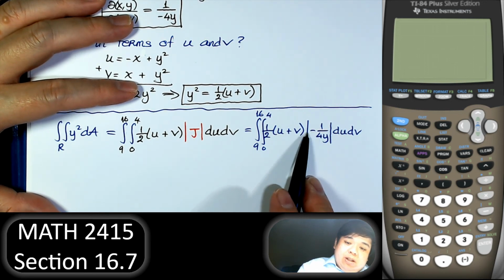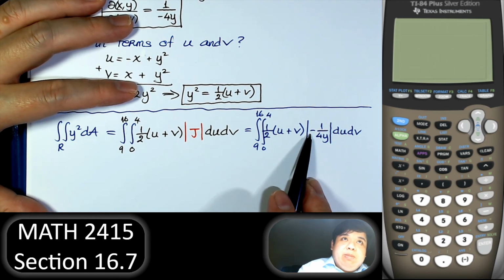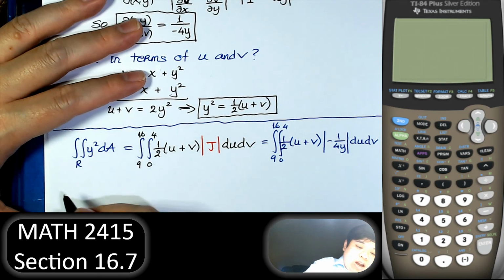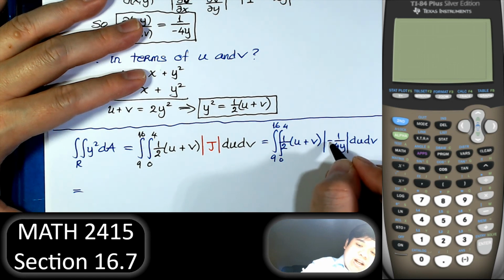By the way, absolute values would get rid of the negative because y, in this case, is in the first quadrant, so everything should be positive, so we don't need the negative.